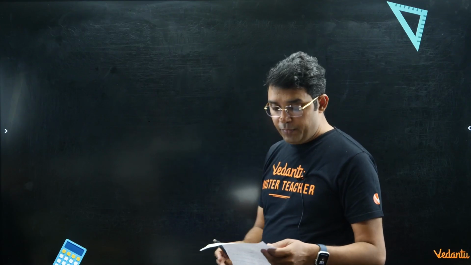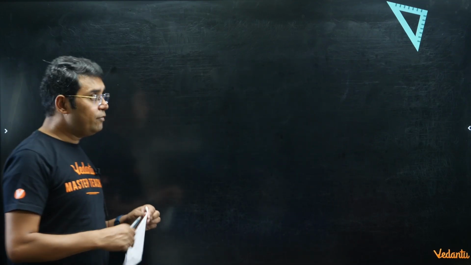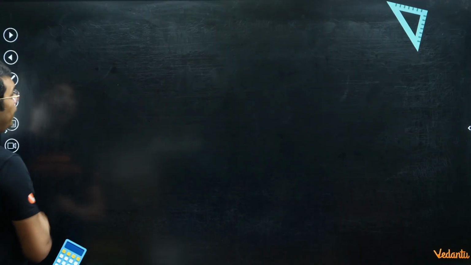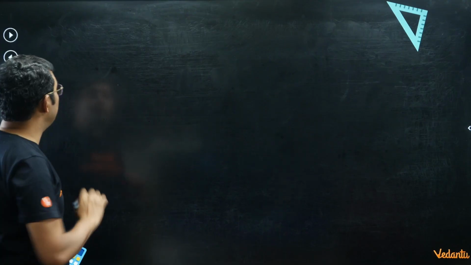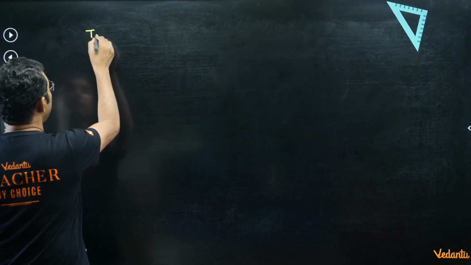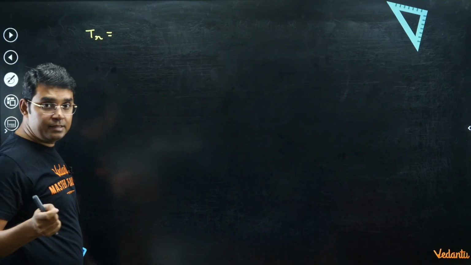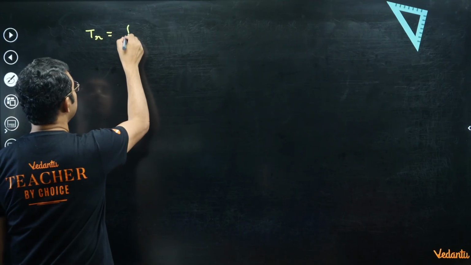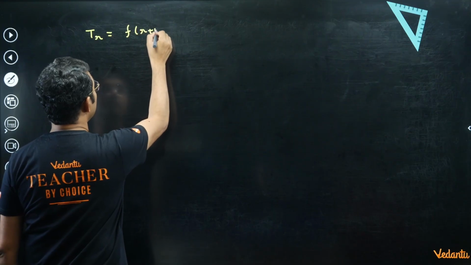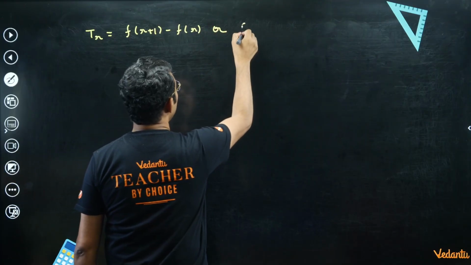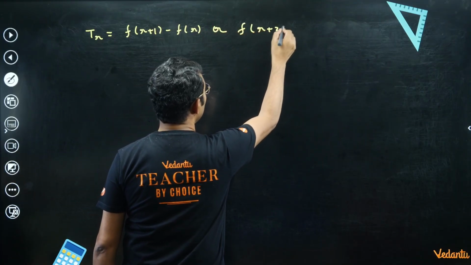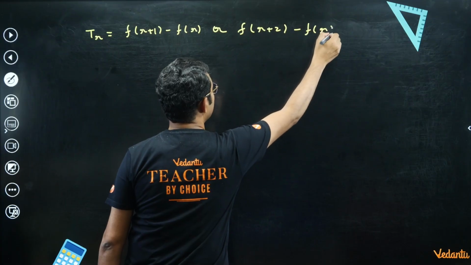Please listen carefully. The first idea is that whenever we have to find the sum using telescopic sum, the key idea is that every term Tr should be written as a difference of two functions, maybe f of r plus 1 minus f of r, or it could be f of r plus 2 minus f of r, something like this.